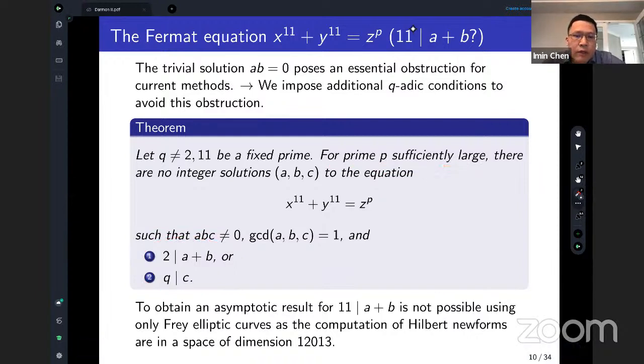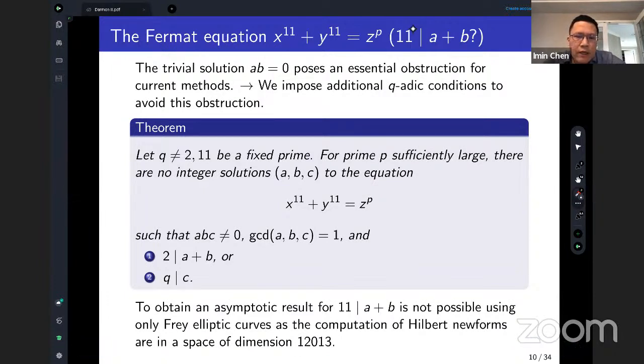A natural question thus is, can we obtain an asymptotic result for an 11-adic condition? And if you try to push through the methods, it turns out that you need to compute in a space of Hilbert new forms of dimension 12,000. So that is much, much bigger than the previous example.